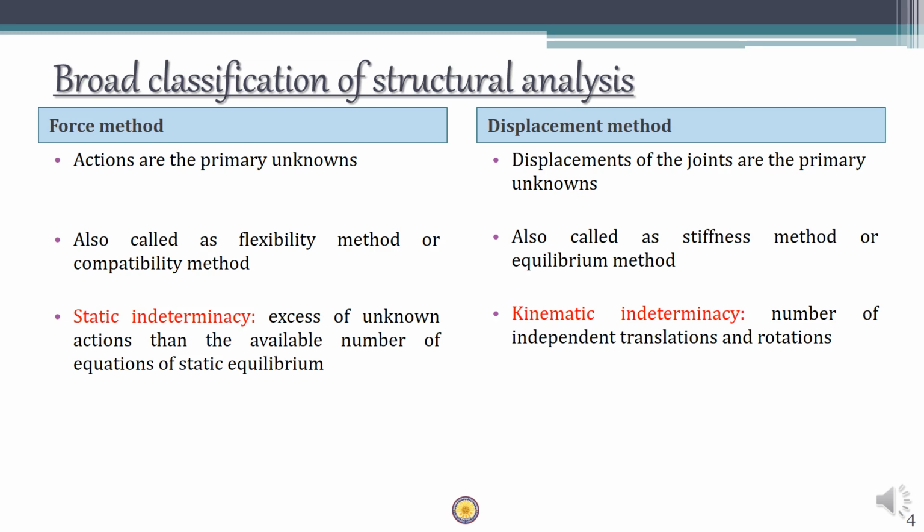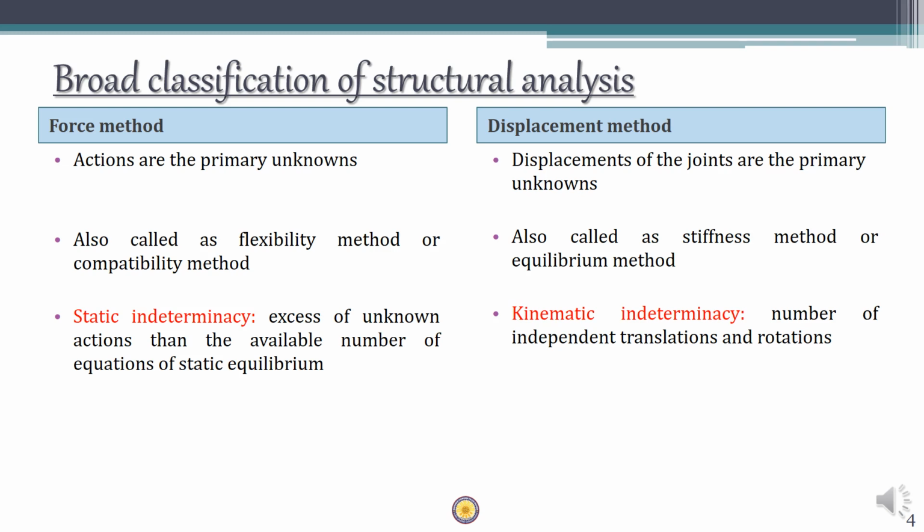If the number of unknown support reactions is more than these numbers, that results in static indeterminacy, and those excess reactions are called redundant reactions. Kinematic indeterminacy is the number of independent translations and rotations, in other words the degrees of freedom of the structure.